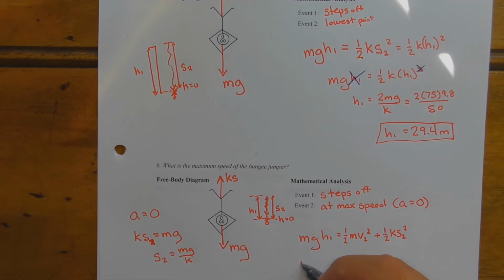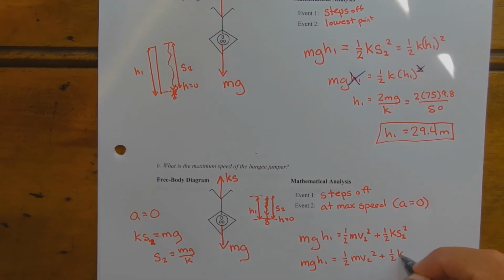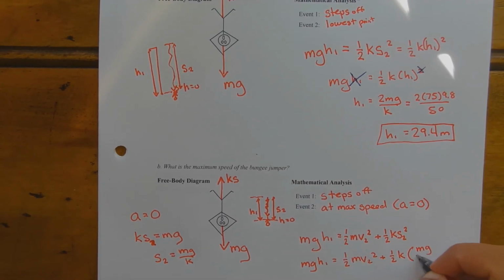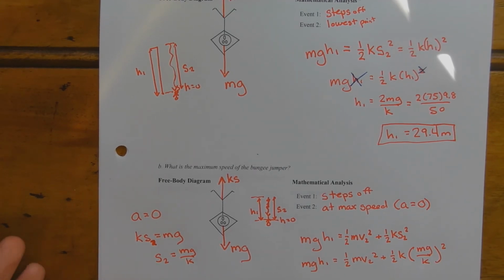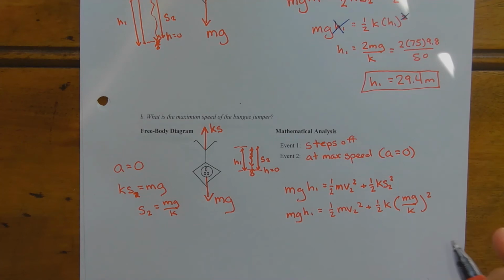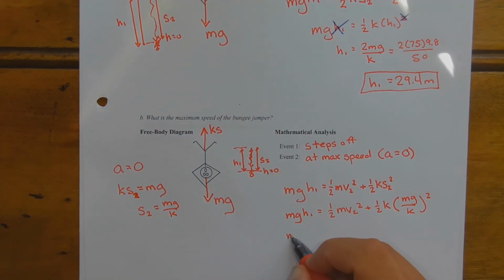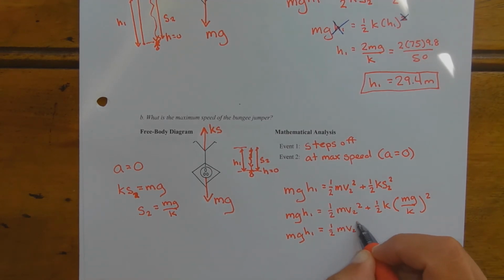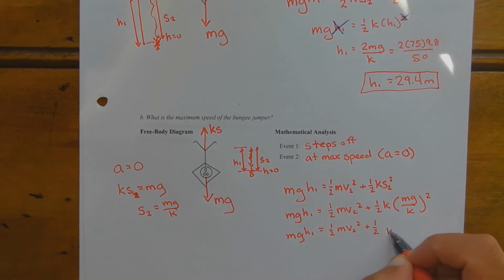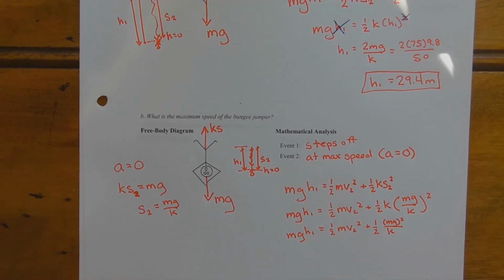So I can put that in over here. So I have mg h1 is equal to 1/2 mv2 squared plus 1/2 times k times s2, which is mg divided by k squared, and then I can solve this for v2. So this is mgh1 equals 1/2 mv2 squared plus 1/2 k over k squared, leaves me with a k in the denominator, and this is mg squared.